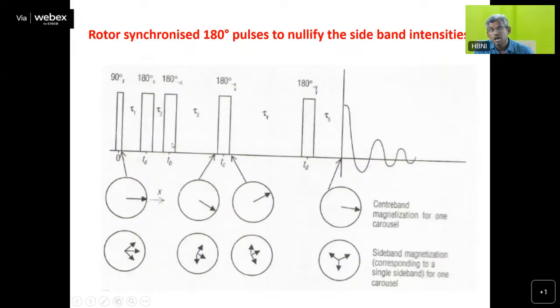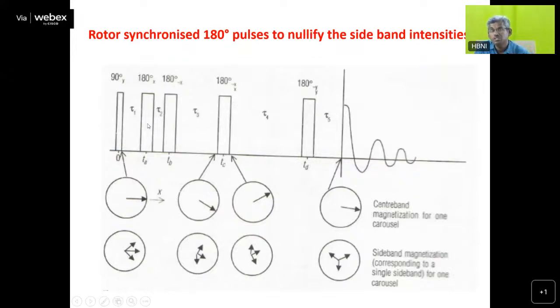Whereas by selectively applying rotor synchronized pi pulses, you can selectively defocus the sideband magnetization components. So the sideband magnetization components will cancel each other, and you will end up only with the isotropic magnetization component. Of course, there will be some loss even from the isotropic component, but we will forget it for the time being.